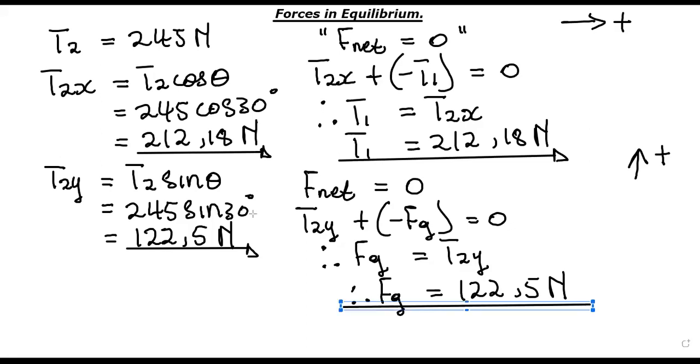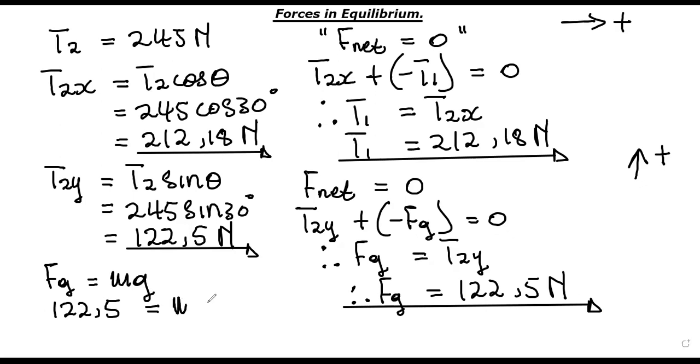Now that we know the magnitude of the gravitational force, if we want to calculate the gravitational force, we take the mass of an object and multiply it by the gravitational acceleration. Then we say the magnitude of the force is 122.5.